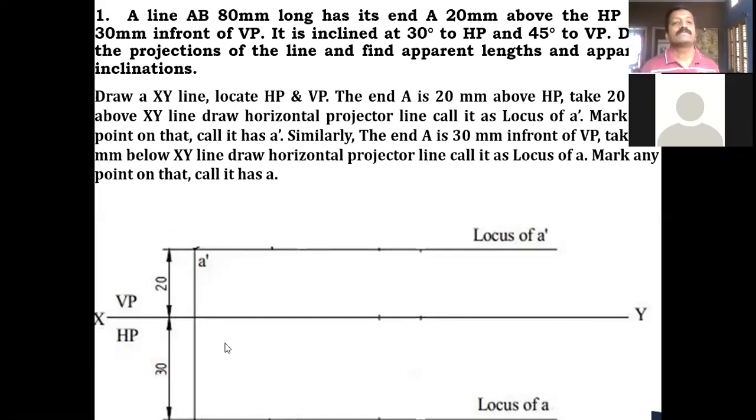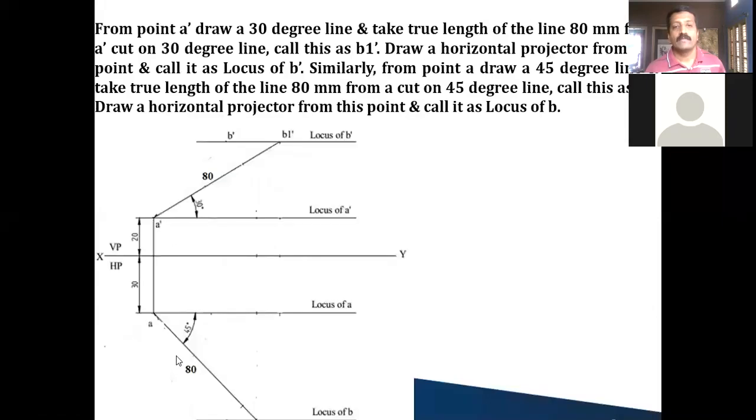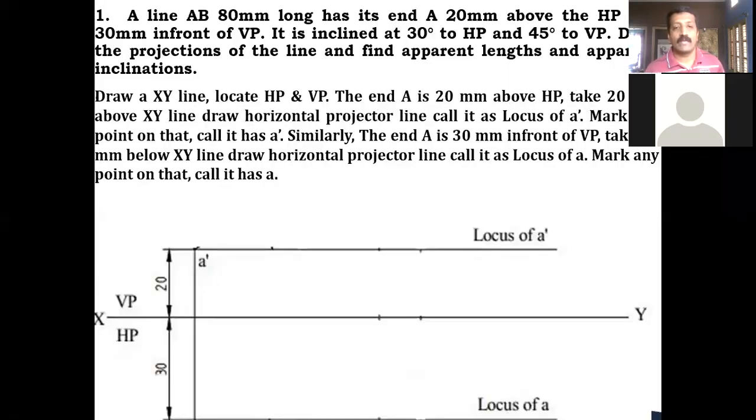Okay. Next, coming to the other one, he says 30 millimeter in front of VP. In front of VP means it should come below XY line. You take 30 millimeter below XY line and draw one horizontal projector line, and call this the locus of A in the top view.